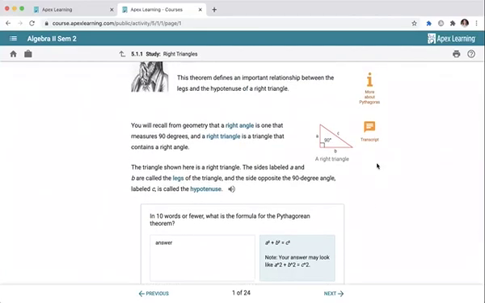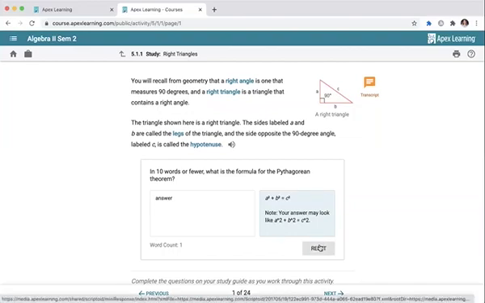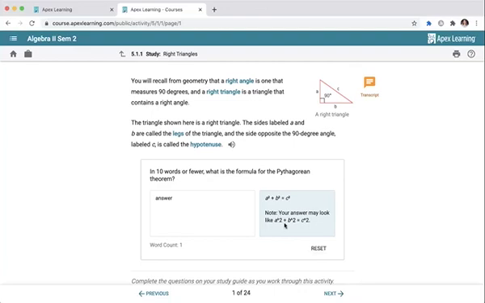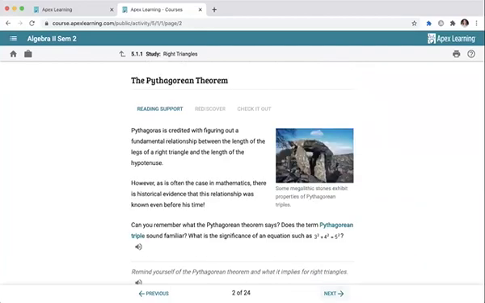I'm not quite sure how much experience my sophomores have with this, but this is the Pythagorean theorem formula: this length squared plus this length squared equals this length squared. If you see it written with an up caret 2, that means to the power of 2 as well. You're going to see this formula a lot.